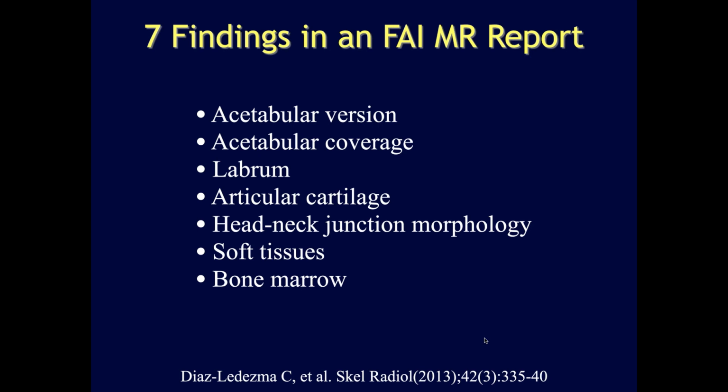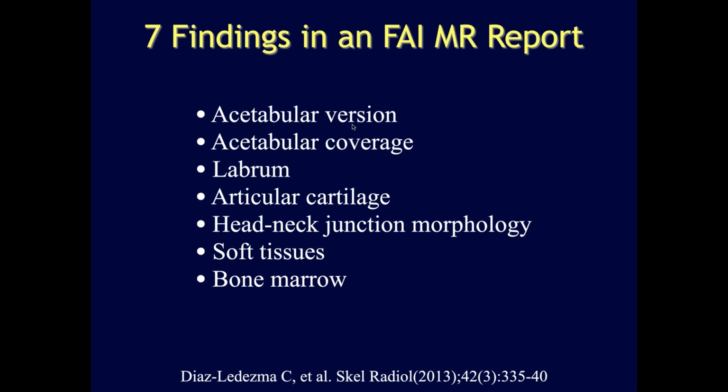So this is a recommendation of findings that should be in an MR report if there is a concern of femoral acetabular impingement. They recommend that the acetabular version be in the report, the amount of acetabular coverage, whether there's labral disease, whether there's articular cartilage disease, the head neck junction morphology, abnormalities of the surrounding soft tissues, and then obviously bone marrow abnormalities.